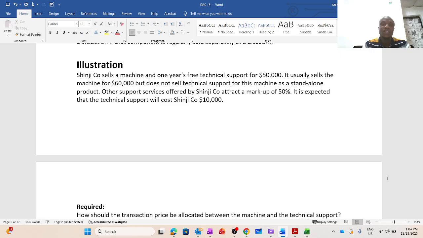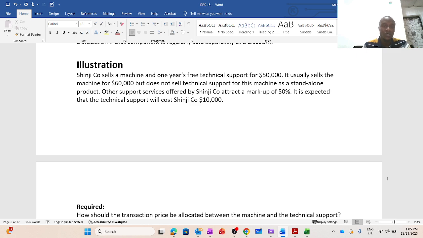The machine is sold for $60,000, but ESCO does not sell technical service for this machine as a standalone. There is no directly observable standalone selling price for this technical service, but other support services offered by ESCO attract a markup of 50%. It is expected that the technical support will cost ESCO 10,000. So as I mentioned earlier, if the standalone selling price cannot be directly observed, then we are going to use similar services that the company has been providing.